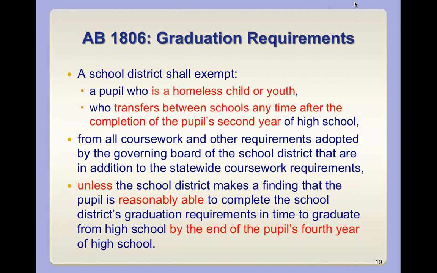And that is the case unless the district makes a finding that the pupil is reasonably able to complete those additional school district graduation requirements in time to graduate from high school by the end of the 4th year of high school. So what we're going to do is take each of those red pieces one by one and make sure that we're clear about what all those pieces mean.